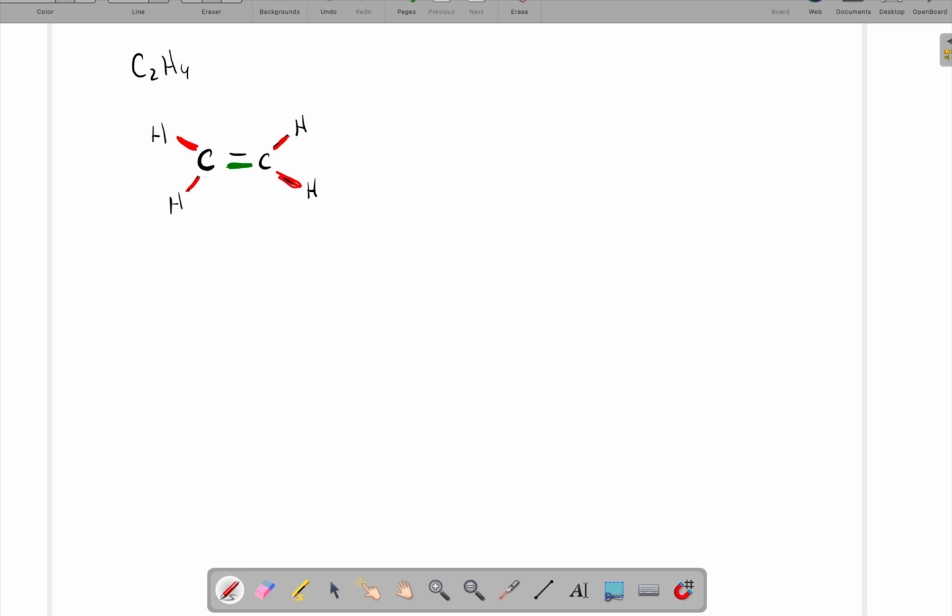Okay? So when we look at a hydrogen atom, the electron that it has is located in an orbital. When I look at a carbon atom, the electrons it has are located in orbitals. When I go to a molecule, can I just use the atomic orbitals to explain what I'm seeing in the molecule?